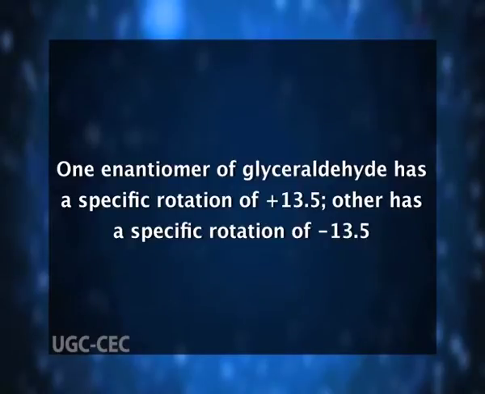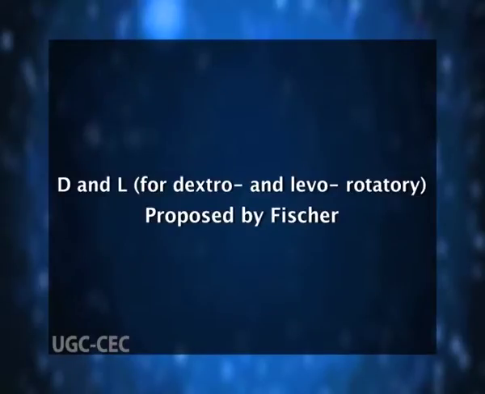At that time, it was known that one enantiomer of glyceraldehyde has a specific rotation of plus 13.5. The other has a specific rotation of minus 13.5. Fischer proposed that these enantiomers be designated D and L for dextrorotatory and levorotatory, but he had no experimental way to determine which enantiomer had which specific rotation.